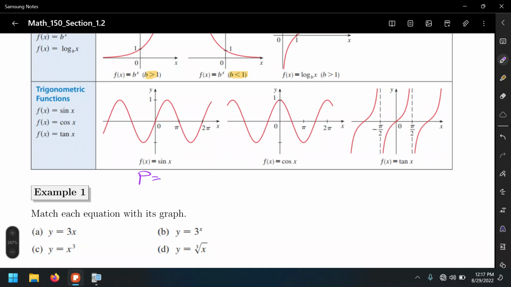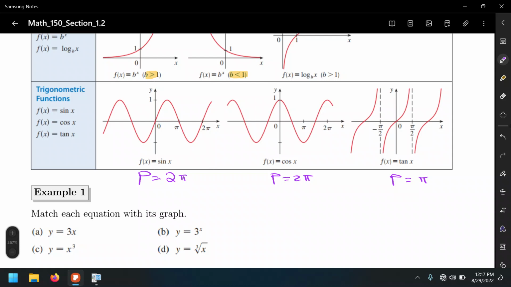And does anybody remember what's the period for the sine function? 2 pi. All right. What about the period for cosine? Also 2 pi. What about the period for tangent? Careful. This one is pi periodic, right? So here you can see it from the picture for the tangent function.